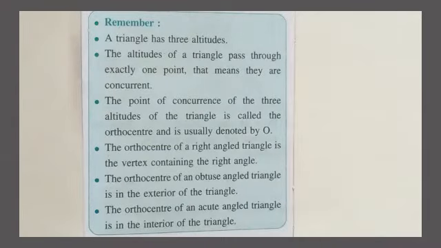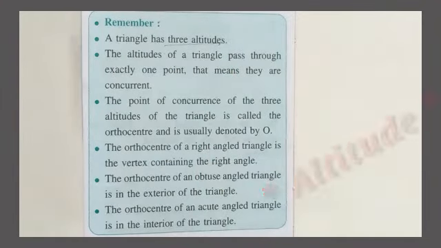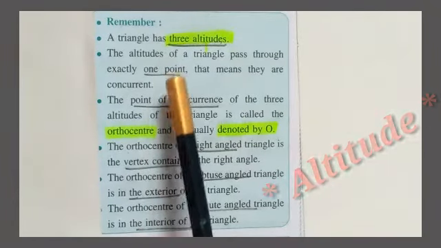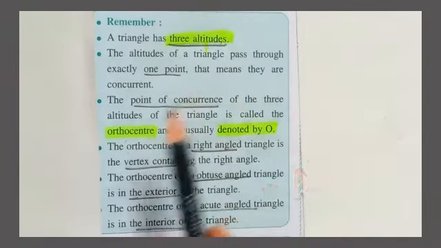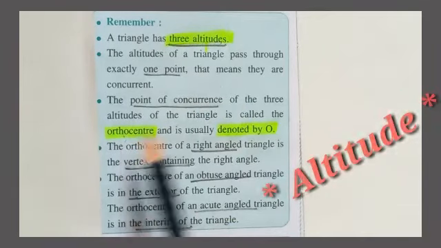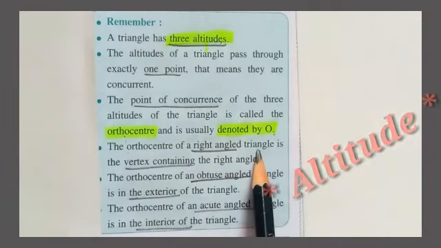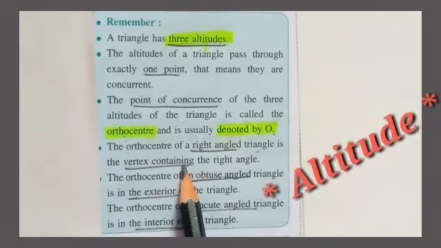Let's recall that very shortly. Regarding the altitude, the triangle has 3 altitudes. All 3 altitudes intersect each other at one single point. That point is called the orthocenter. The point of concurrence of the 3 altitudes is called the orthocenter, which is denoted by the letter O. In right angle triangles, the altitudes are at the vertex only.